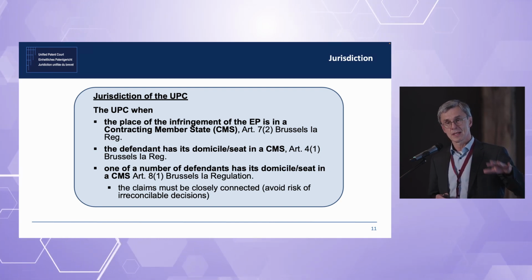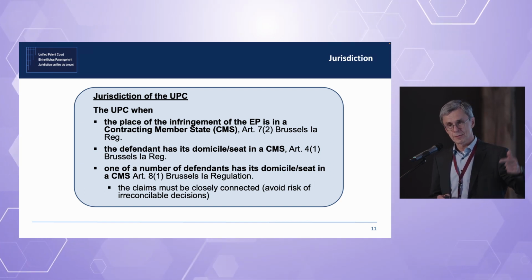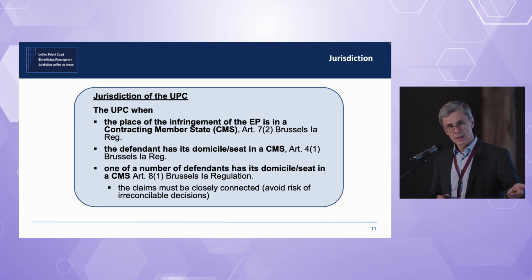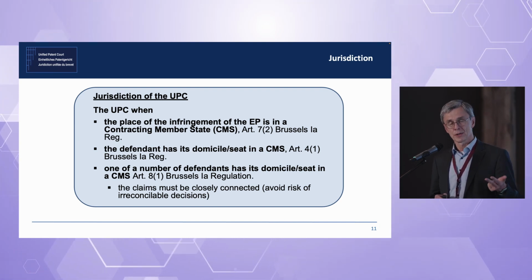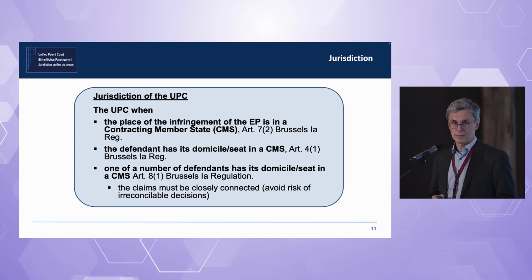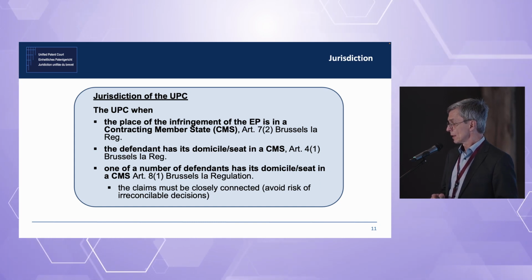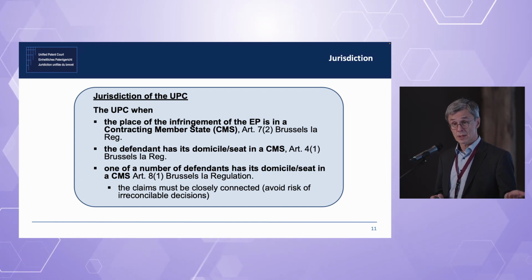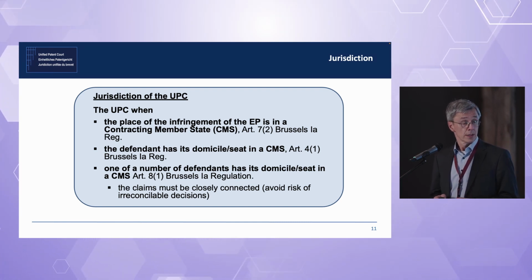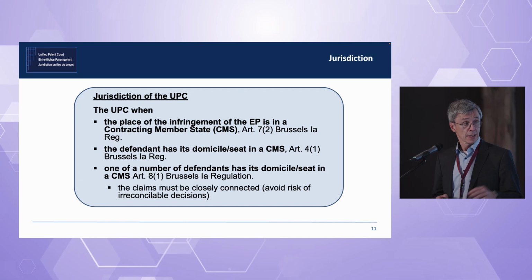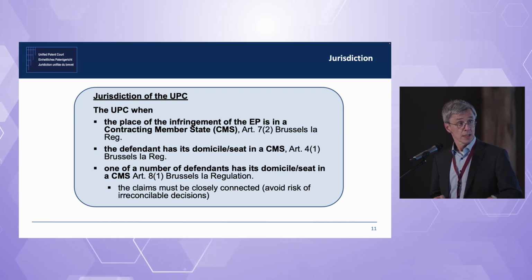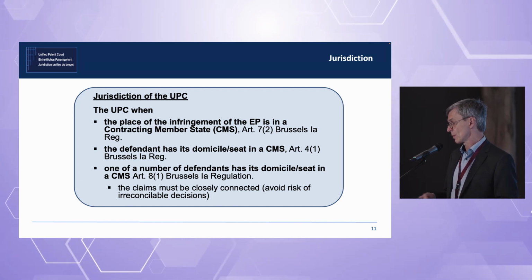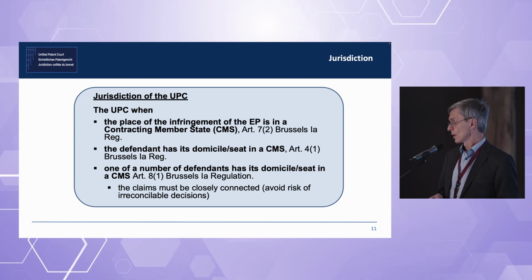But since this is a court of France, of Germany, of Latvia, you can bring all three infringements in one court. And when the defendant has its domicile, the same applies. Wherever the defendant has its domicile or seat in one of the contracting member states, then you can bring the claim there. And the same for a number of defendants.